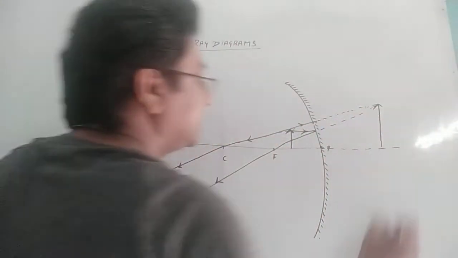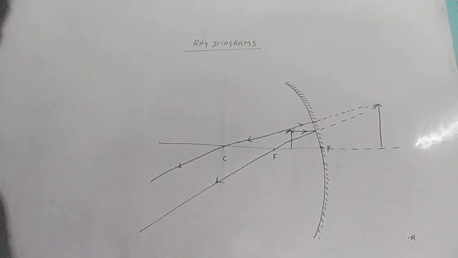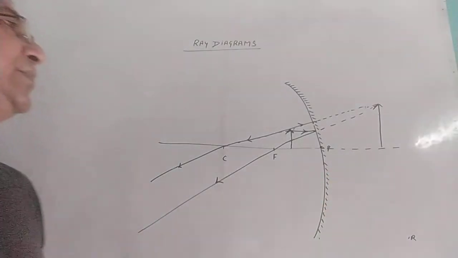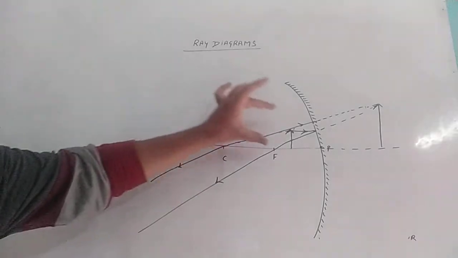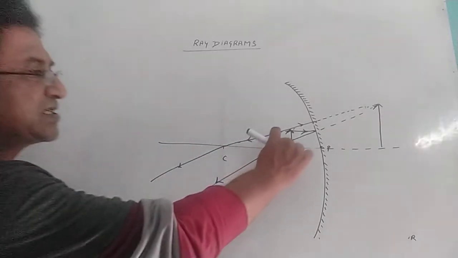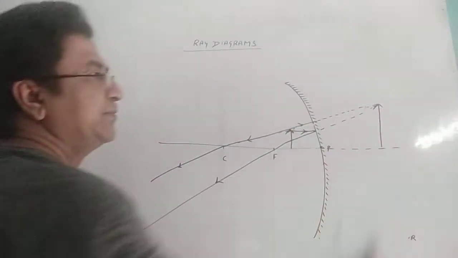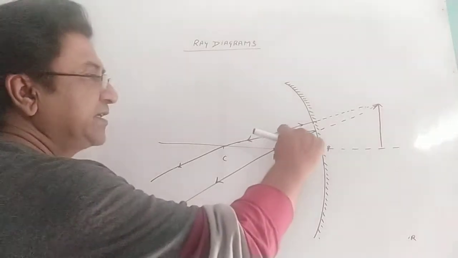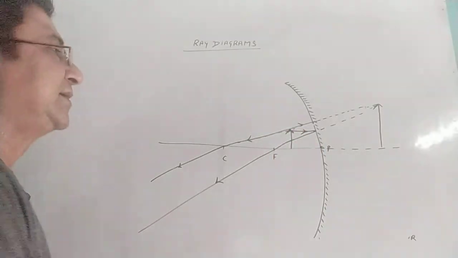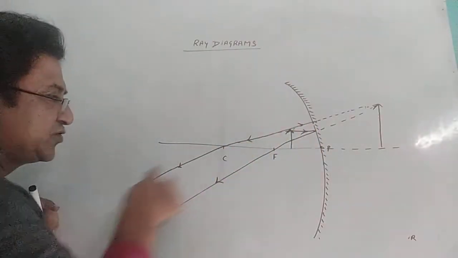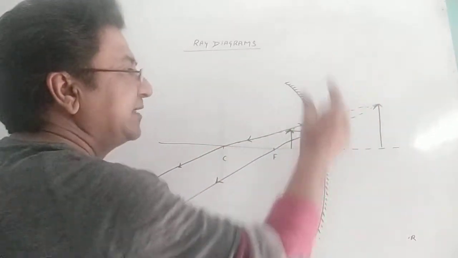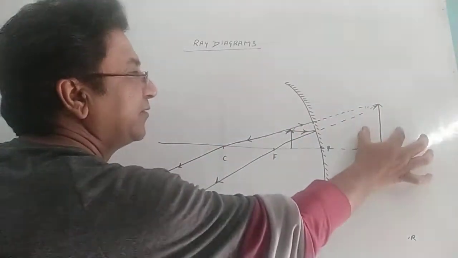This way, by extending the principal axis, we can see the image formation. Now compare it with the object. The object is smaller, the image formed is magnified. The object is obviously real, but these two reflected rays are actually not meeting, they appear to meet. Whenever rays appear to meet, they form a virtual image.